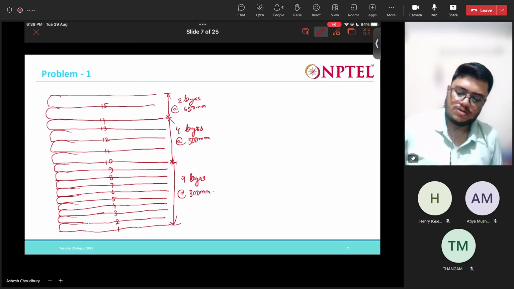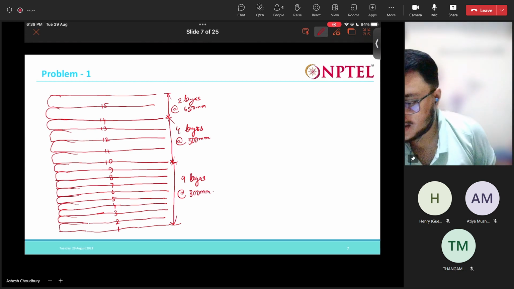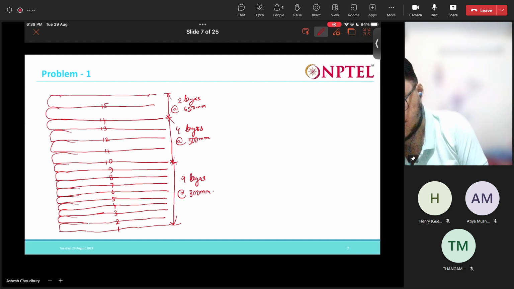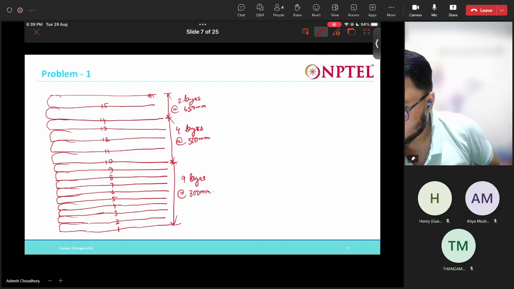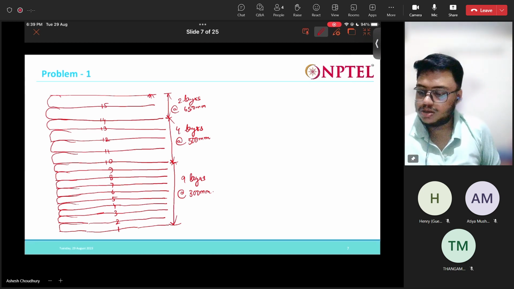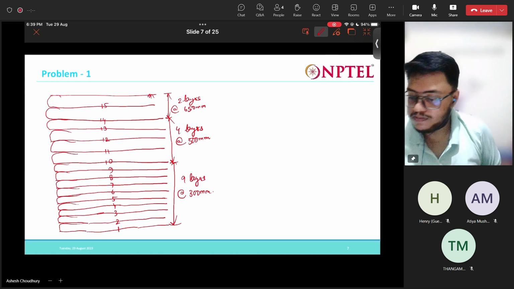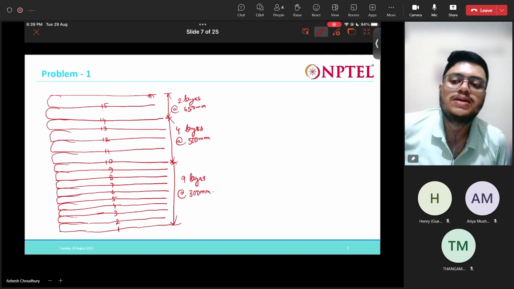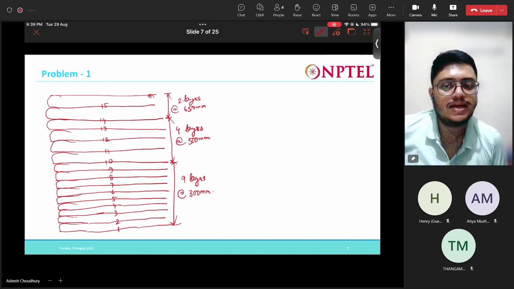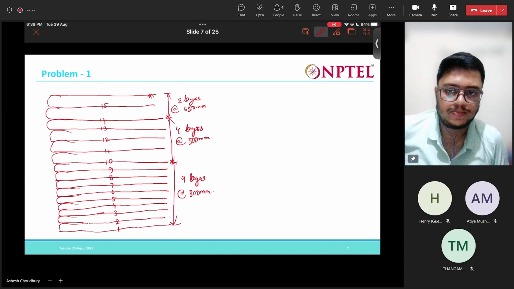Okay, so we have 9 layers at this 300 mm spacing. At this point, our wall that we have designed is self-contained, right?